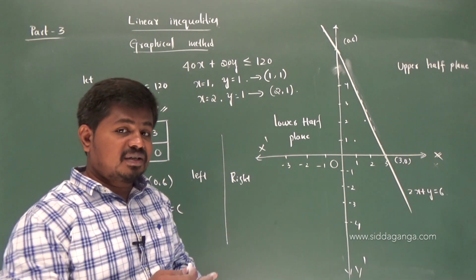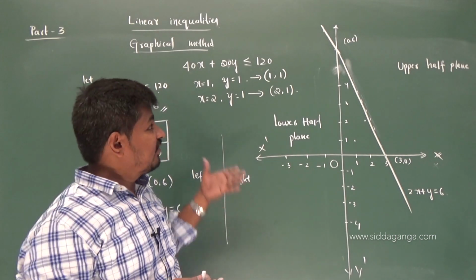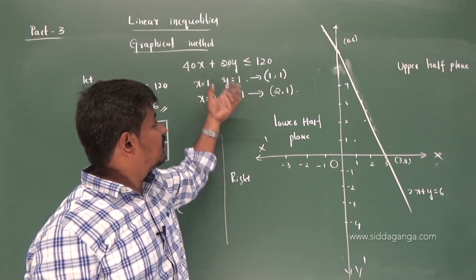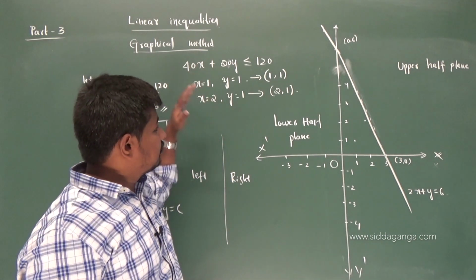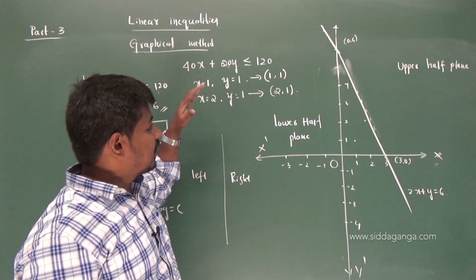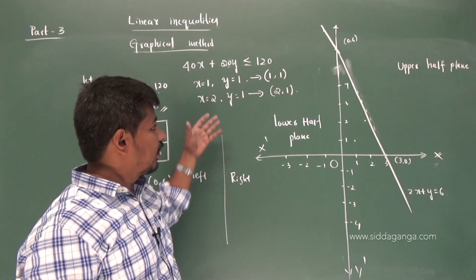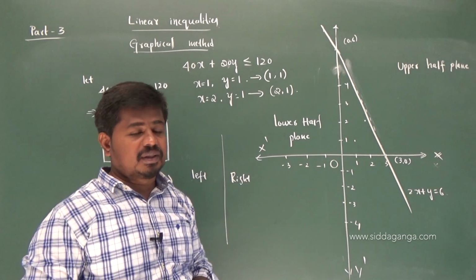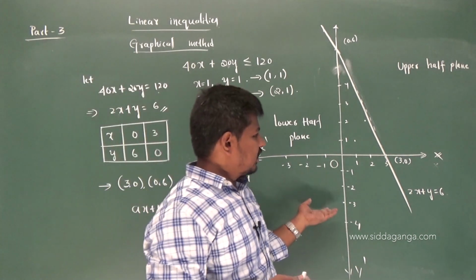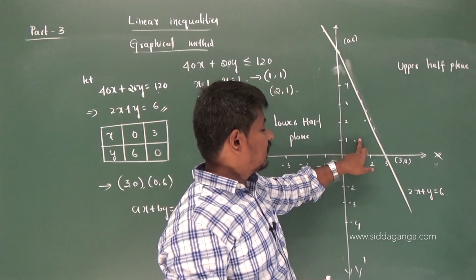When x and y are real numbers, you may get infinitely many pairs which satisfy this inequality. So it is not possible to list all the points, so we are going to use the graphical method.